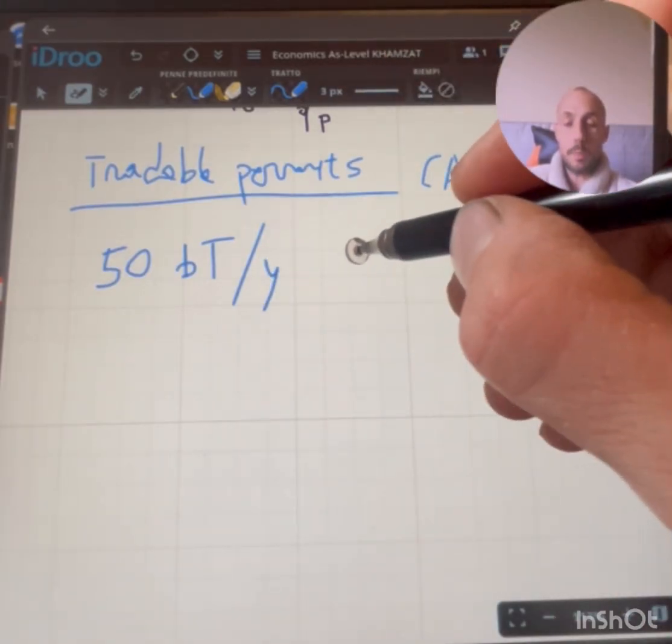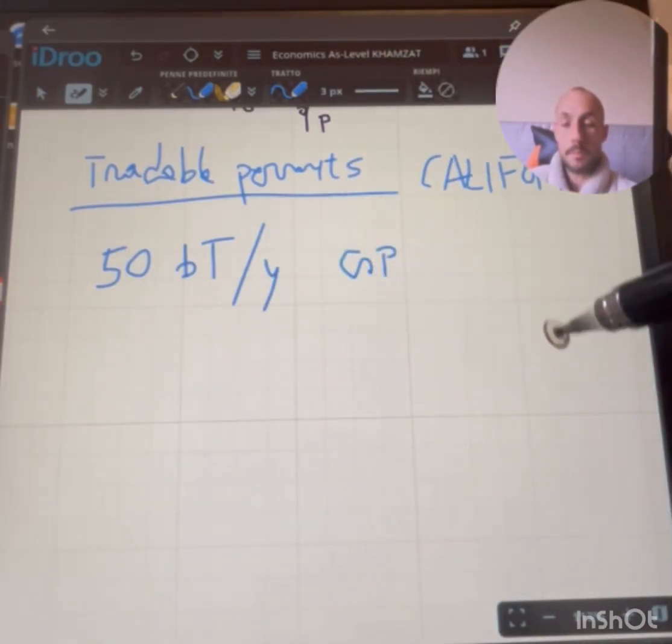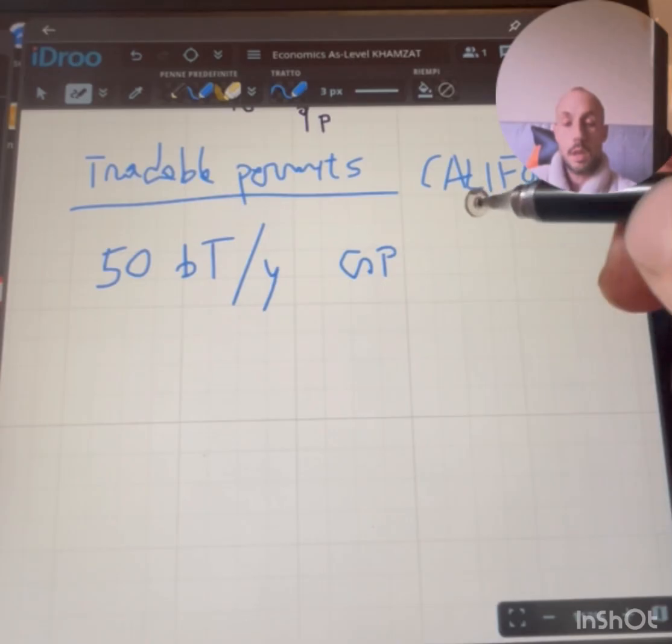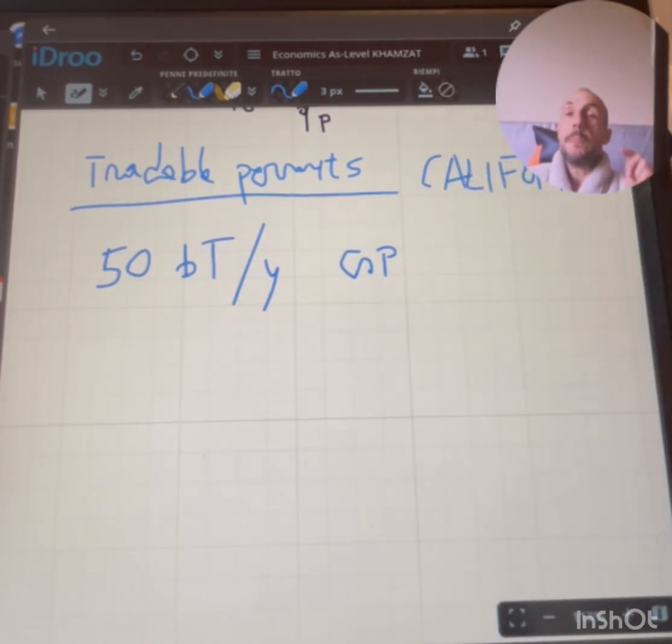This was the top, the cap. If you were to produce more than that, you would be fined and eventually go bankrupt because you had to close your activity. Do you get it? Yeah.